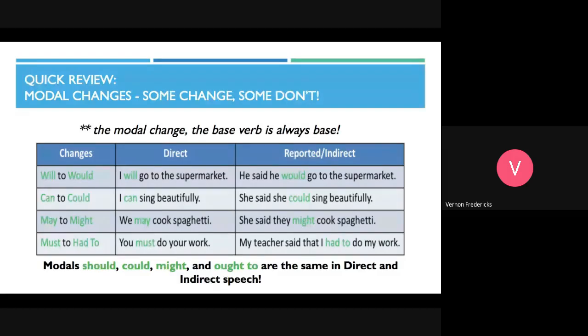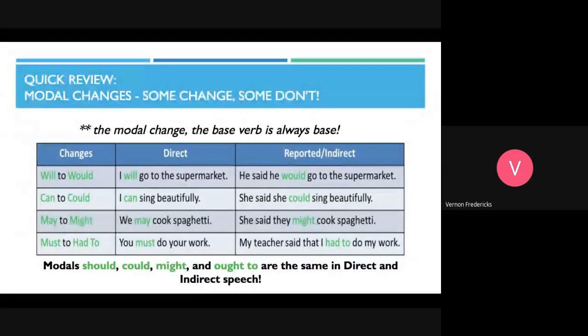The same goes for could, might, and ought to.